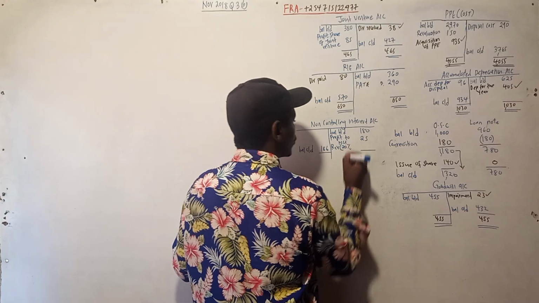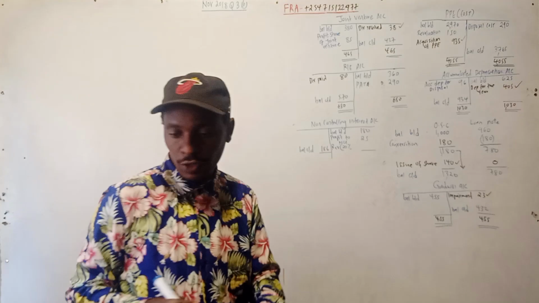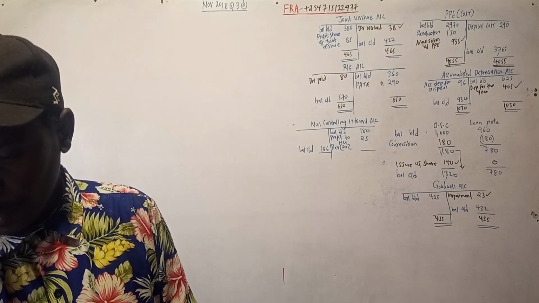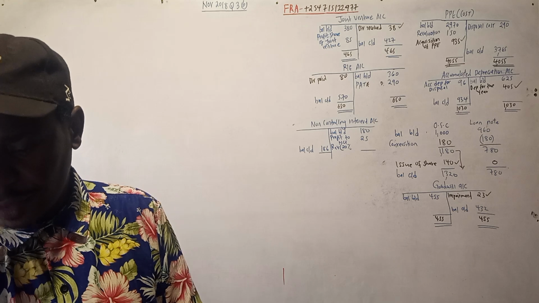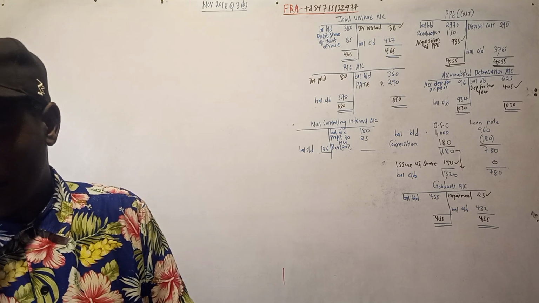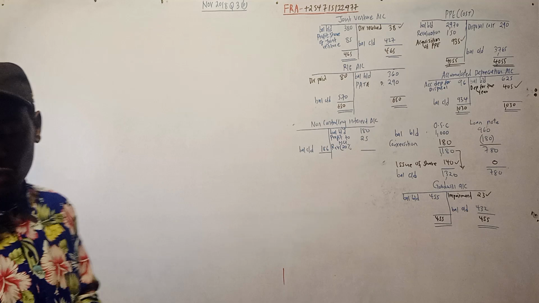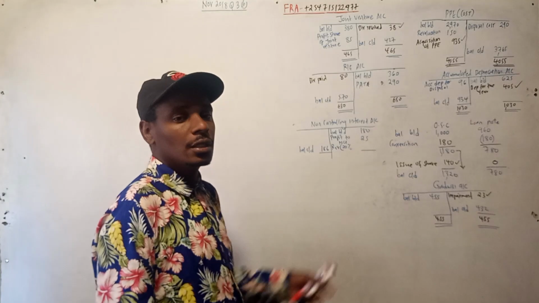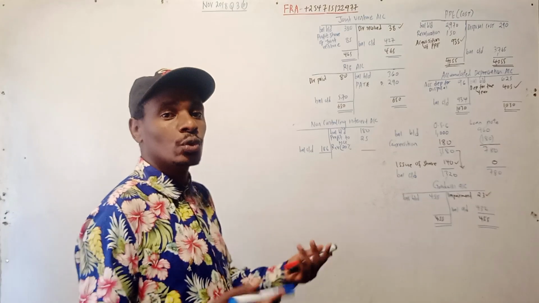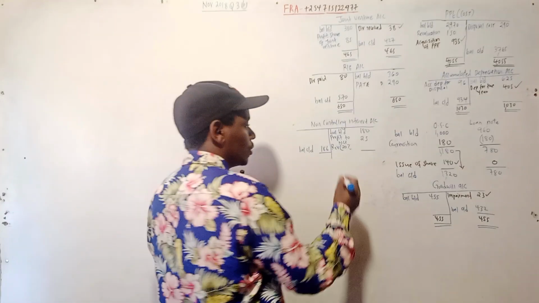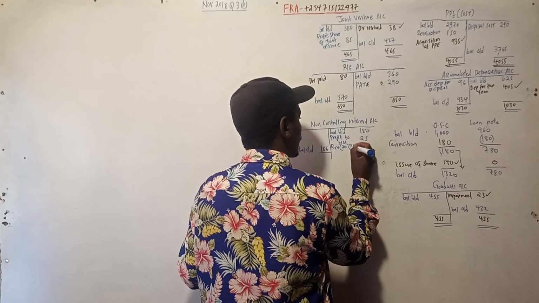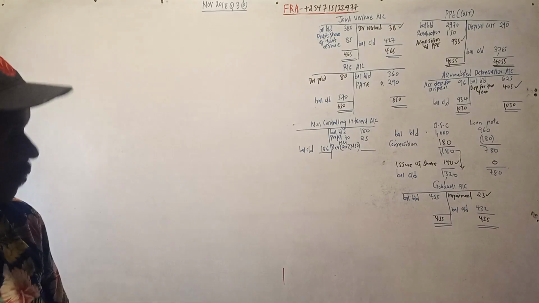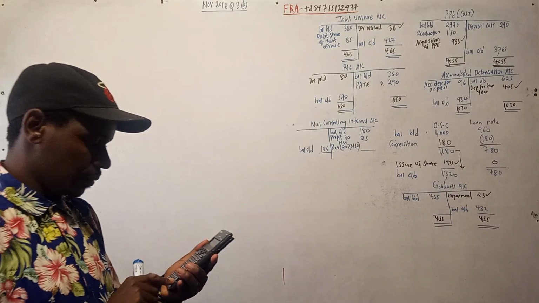That is under additional information number one: during the year ended 30th September 2018, the company owned 80% of the subsidiary. That 20% is what we call the NCI. So 20% of that amount: 0.2 times 150 is 30.